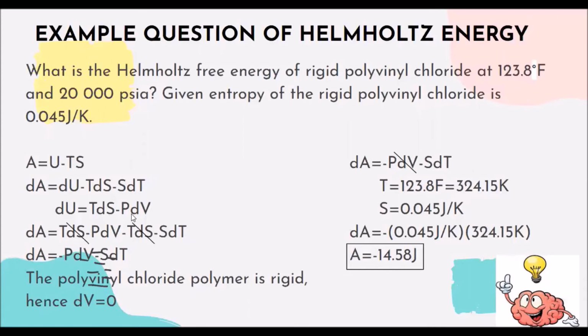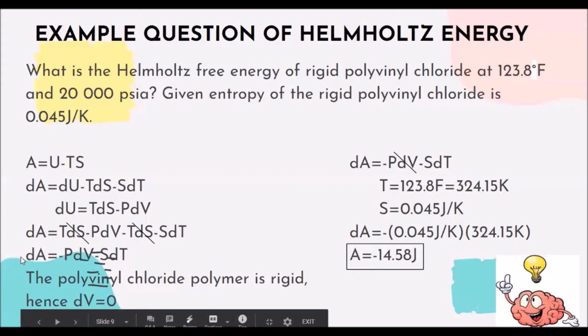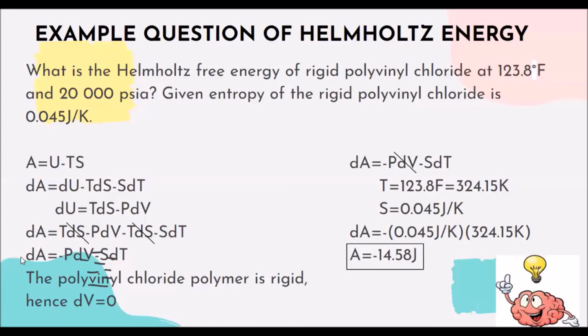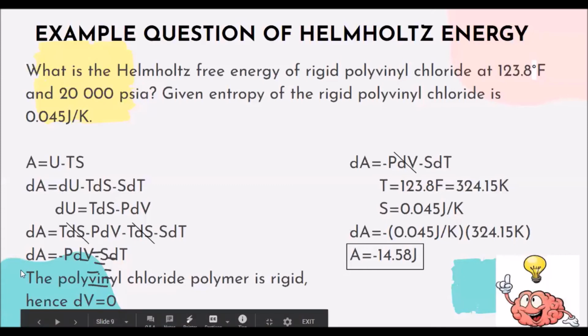So we will substitute TdS minus PdV for dU in the previous equation, and it will give us dA equal to TdS minus PdV minus TdS minus SdT. TdS minus TdS can be cancelled off, and it will give us dA equal to minus PdV minus SdT. Okay, so now let's read through the question again carefully.